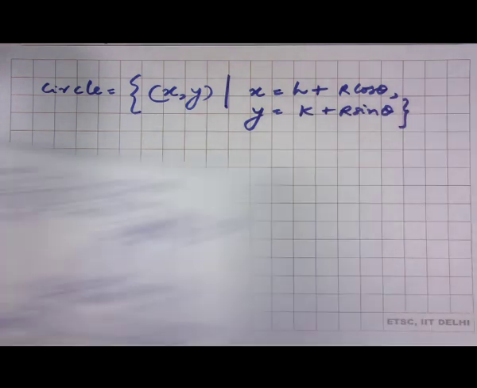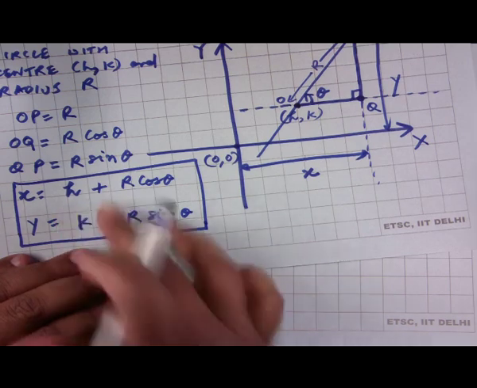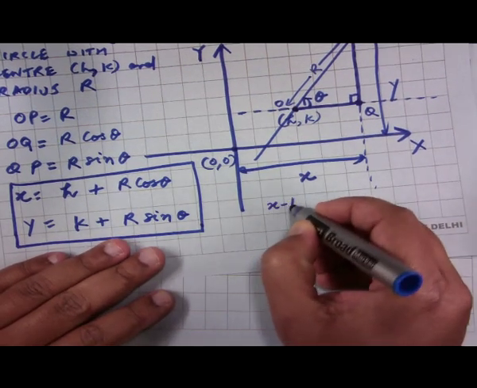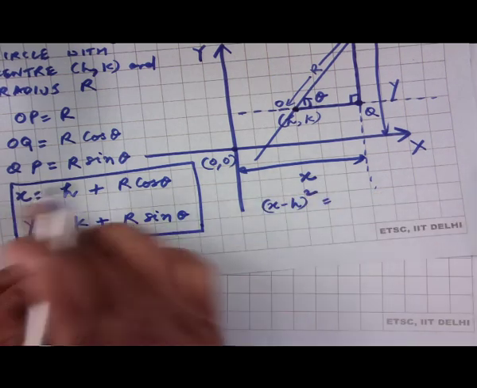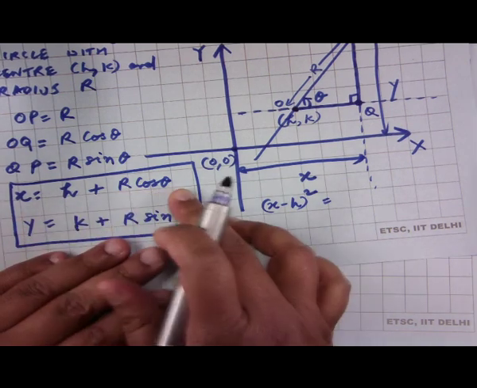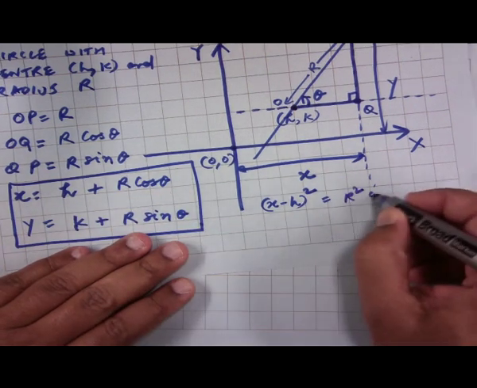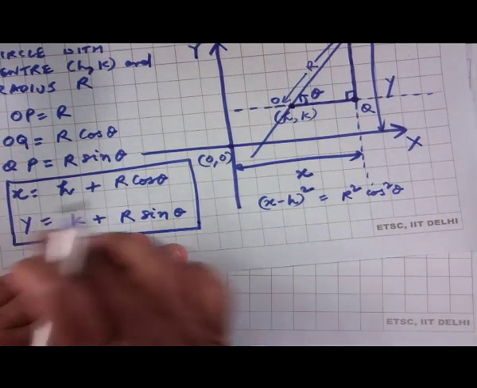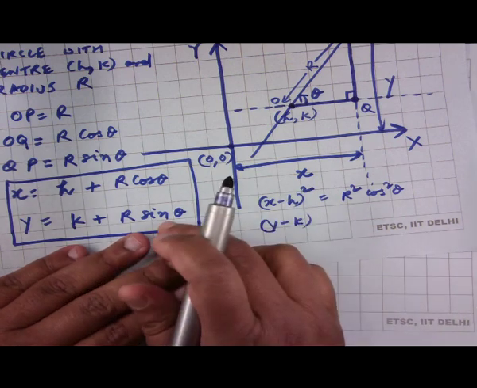Indeed, if we go back, we can see that x minus h whole square is, so x minus h is r cos theta. The square of that is r square cos square theta. Y minus k is r sin theta.